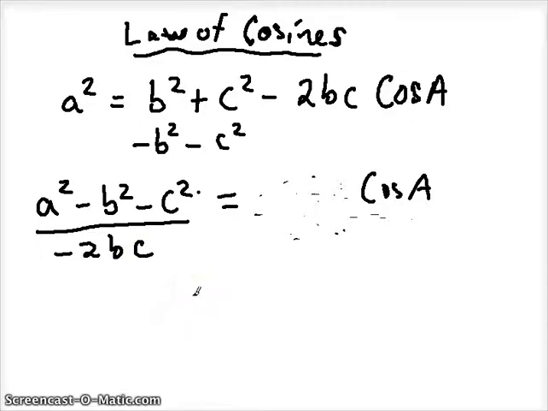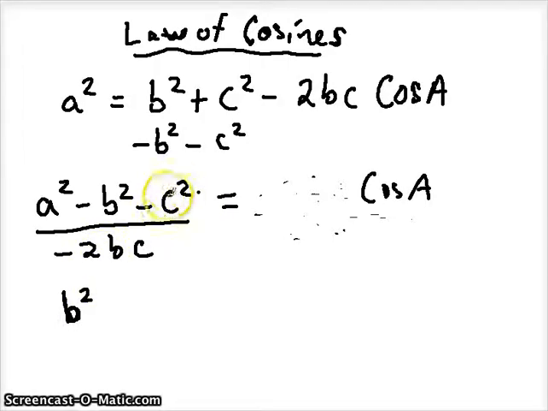One more step before I do that, though, is to make this a positive equation. Because I'm dividing by negative 2 here, I'm going to get rid of that. Or really, I'm going to divide everything by negative 1, and make everything the opposite of what it looks like right now. So I'm going to take negative b squared divided by negative 1. That becomes a positive b squared.